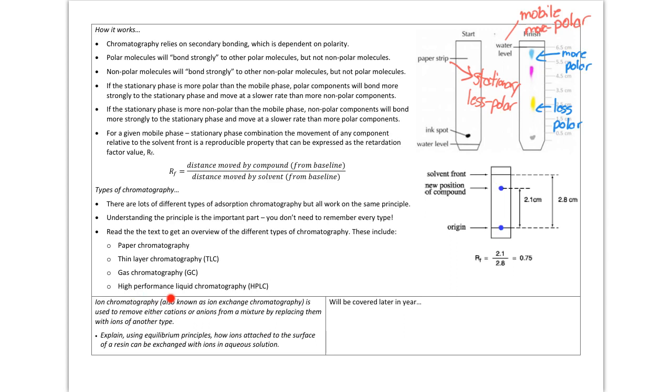And we can also have high performance liquid chromatography, where the mobile phase is liquid, and it goes through a column, which has a solid either surrounding it, or sometimes it's just a porous solid that it goes through. Based on the interactions, based on the polarity of the molecules in a mixture, they'll move through that at different rates.